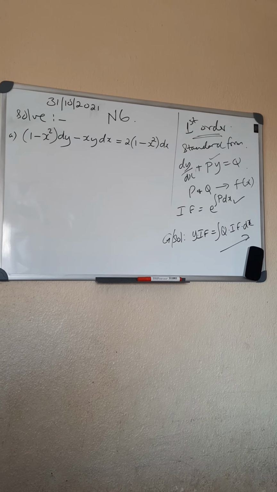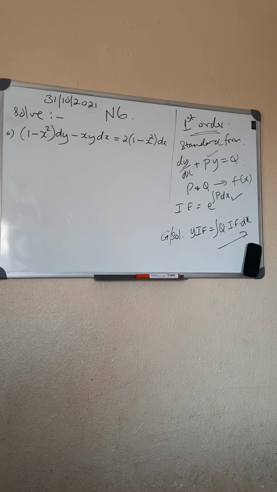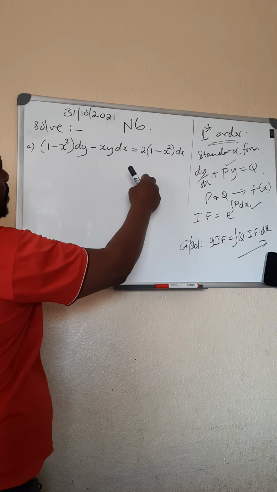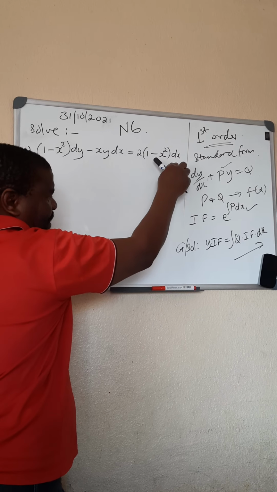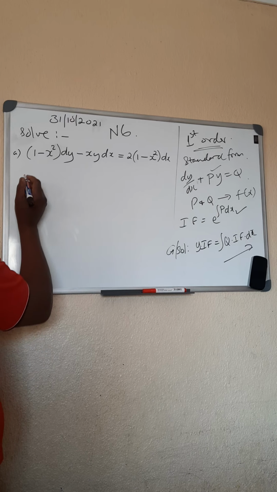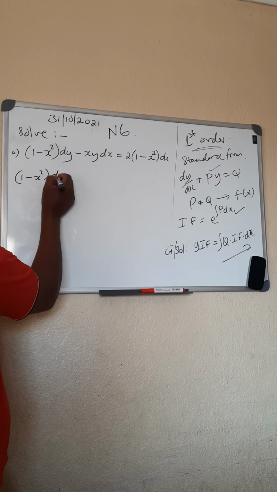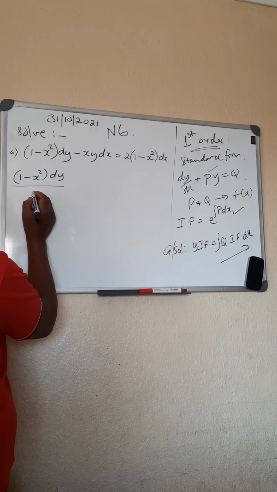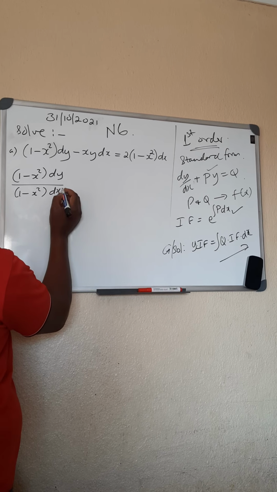When you look at this closely, I believe that we need to divide each participating term by bracket 1 minus x squared dx. That's what I'm thinking. Let's do that. I've got (1 minus x squared) dy, divided by (1 minus x squared) dx.